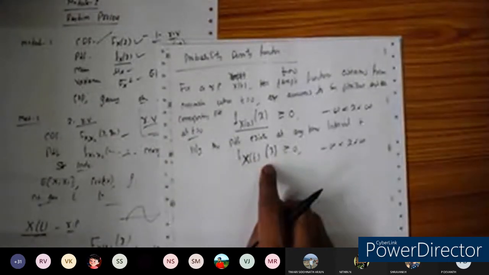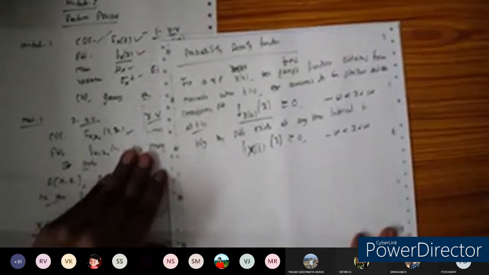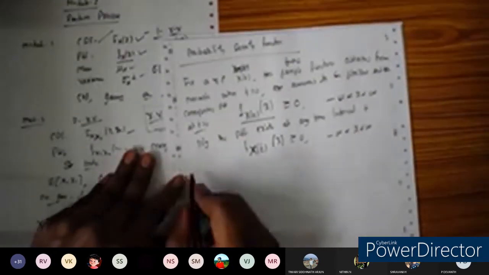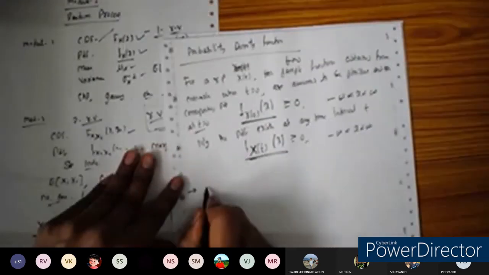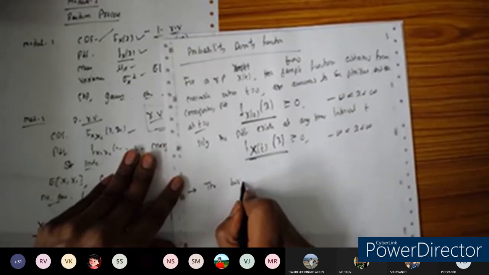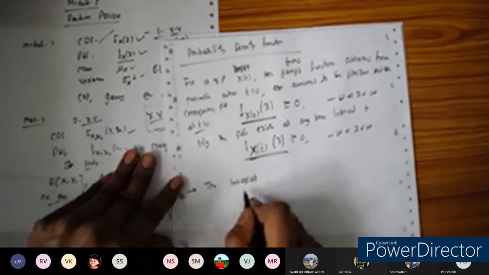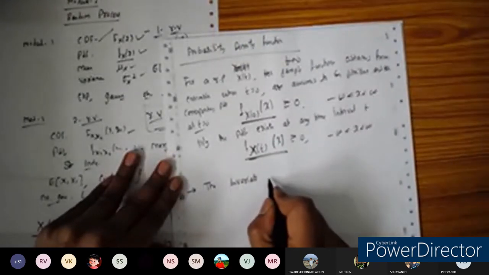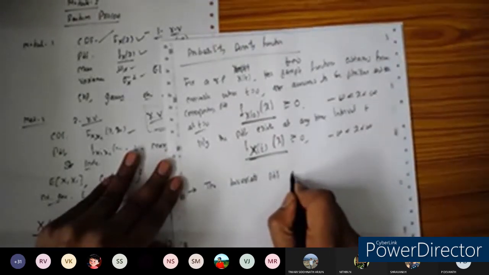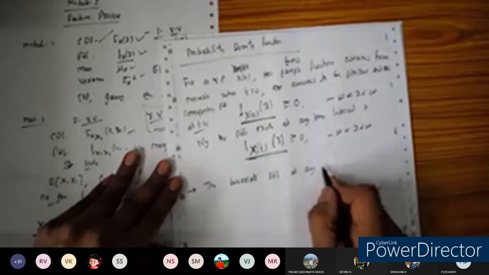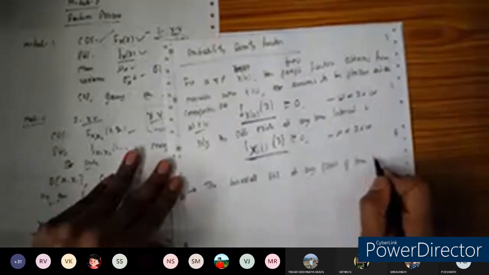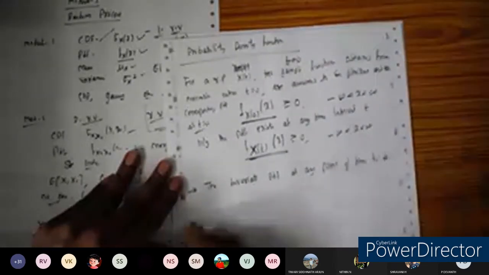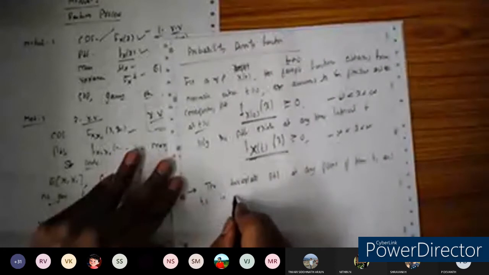Similarly, we can define it for the bivariate random process, or two random variables. So next, take the bivariate PDF at any point of time t1 and t2.